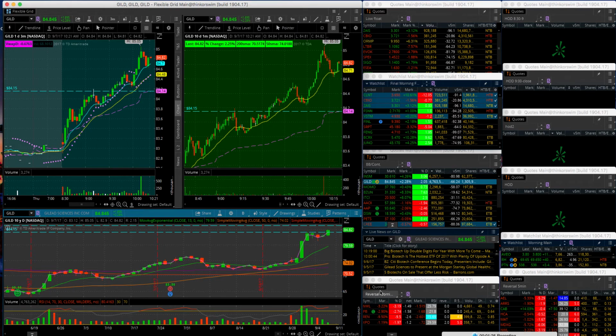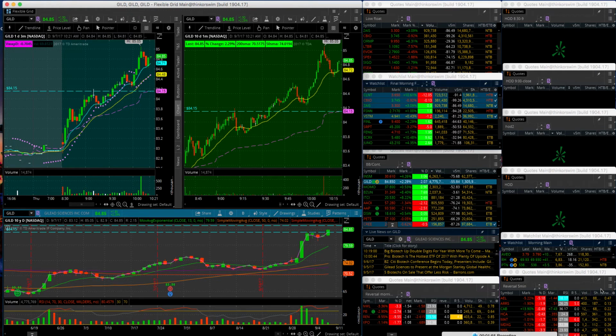And then also I made another custom study or custom quote, and basically it tells you the difference between the price of the current candle and VWAP. Say you wanted to play a reversal or whatever, right?